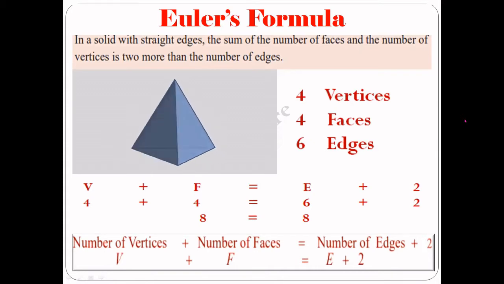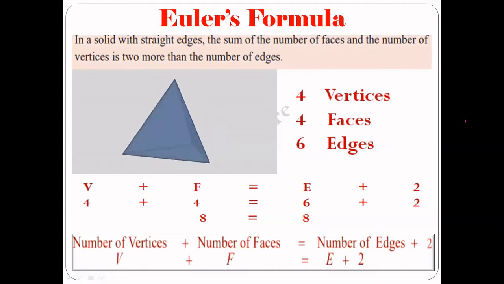Then this is Euler's formula. What is this solid? Can you remember? This is a regular tetrahedron. In the regular tetrahedron, 4 faces are there, 4 vertices are there, and 6 edges are there. When we add the number of vertices and number of faces, then left hand side is 8.